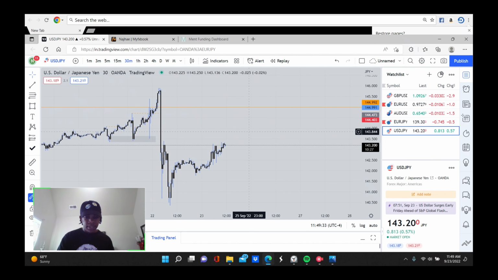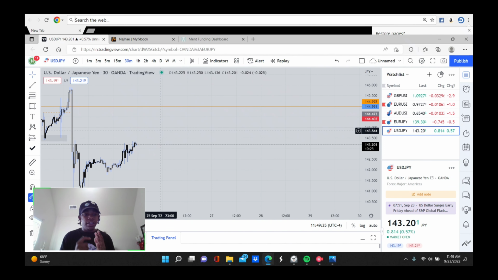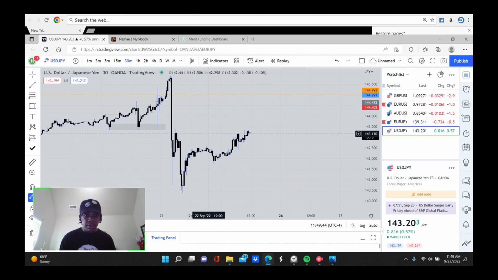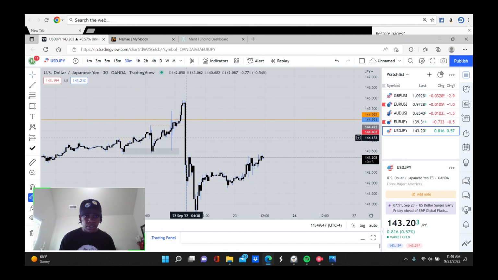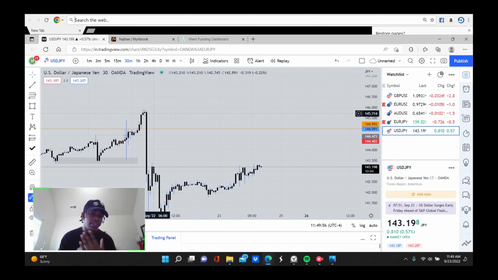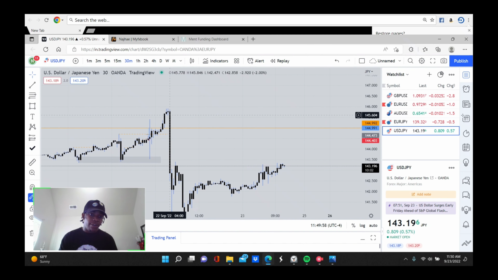All right, so imbalance. Imbalance is basically when we have a huge candle, and this is a perfect example actually. We have a huge candle that has a gap. You see how the rest of these candles have wicks. So all right, let's put it like this. When you're looking for imbalance, you want to look at the previous candle, which is this, and the candle that's after.